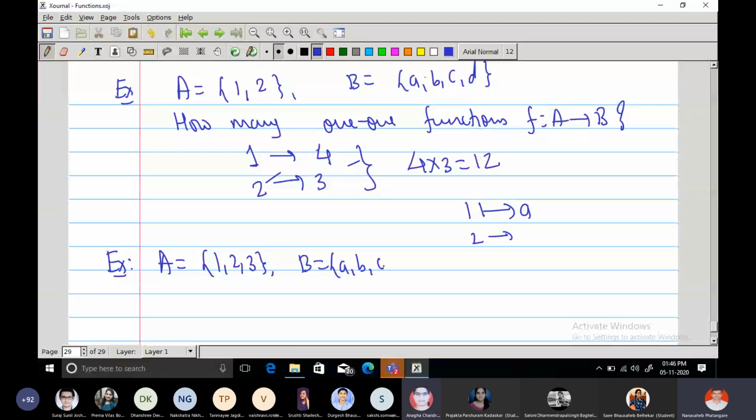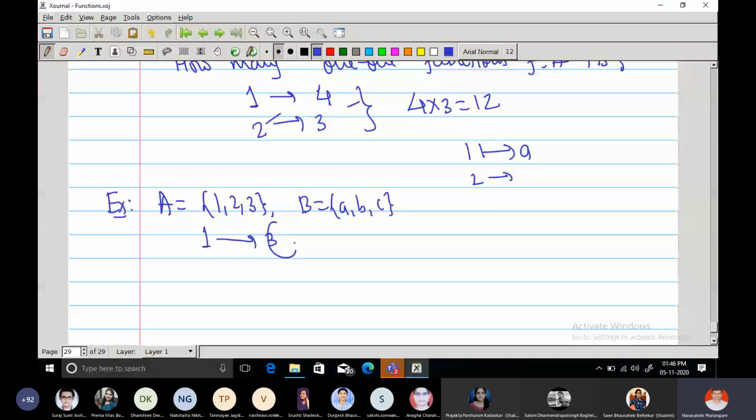How many possibilities for 2? 2, right? And how many possibilities are left for 3? Only 1. Because 1 occupied one element, and 2 can occupy one of the remaining 2 elements. And if 2 elements from B are occupied, then 3 has no choice, only one possibility. So total functions: 6. Yes, 6.